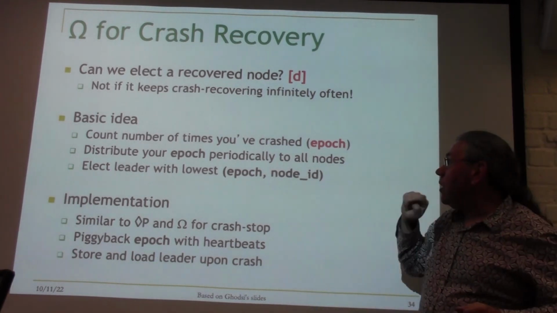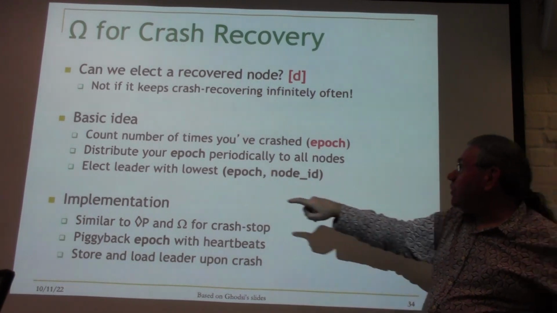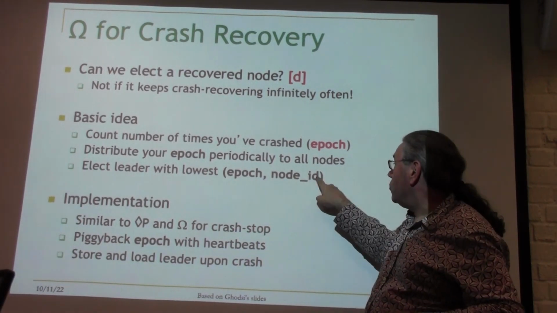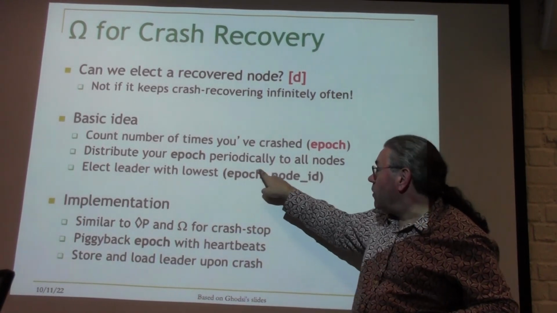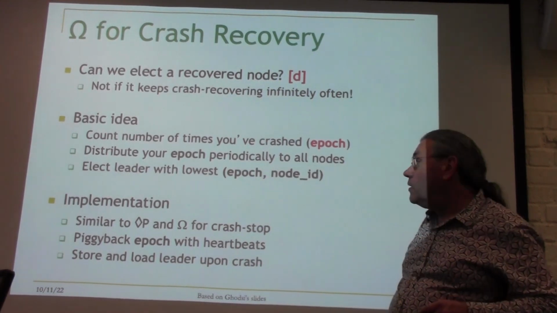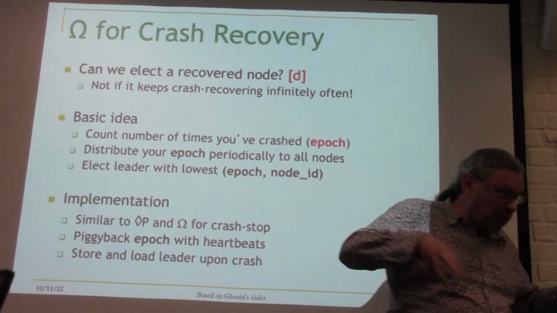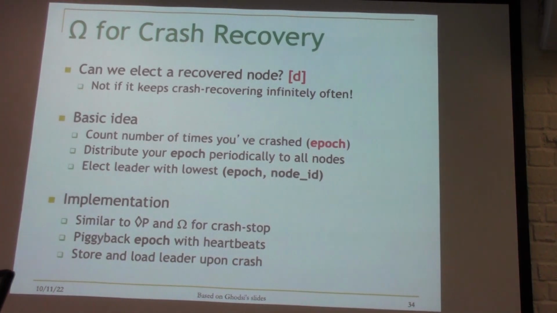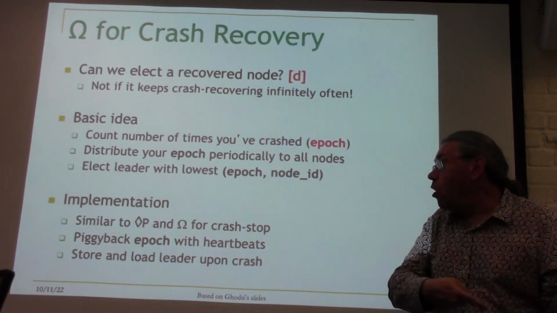So you count the epochs. And you will elect a leader that's not just the one with the highest rank, but it also has to have the lowest epoch. So the node that is always crashing will not be elected, okay? Because there's always going to be someone with a lower epoch.